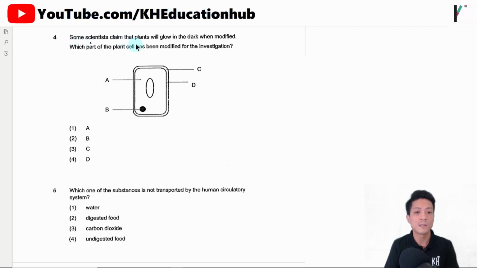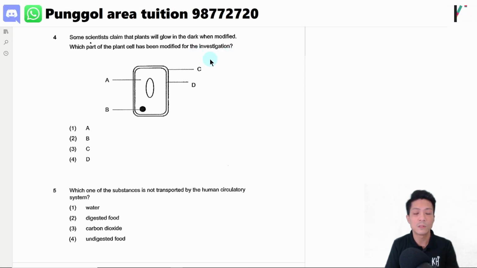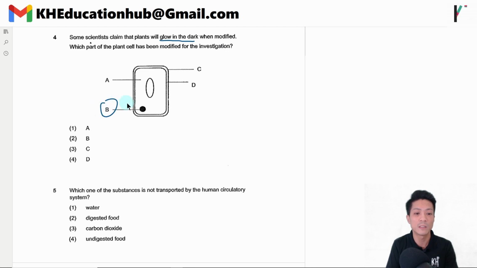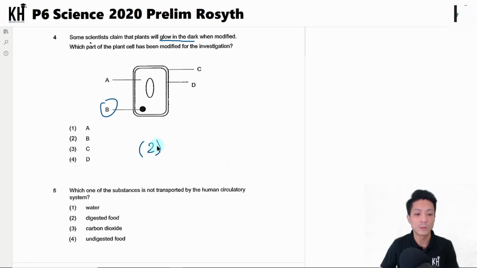Question 4. Some scientists claim that plants will glow in the dark when modified. Which part of the plant cell has been modified for the investigation? In order to modify the plant in such a way that it can glow in the dark, you probably want to modify the nucleus, because the nucleus is where the genetic information is. Okay, number 2.